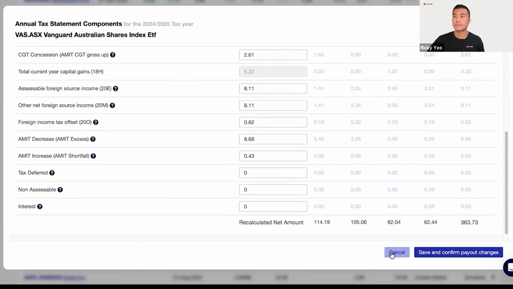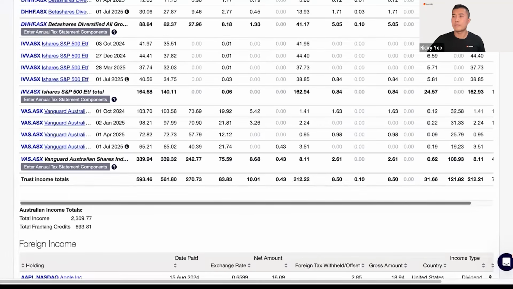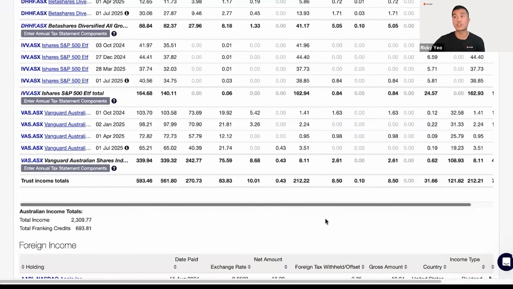Okay, this is not really tax related, but do I need 3 Sharesight accounts and logins if I have shares in my personal name, company name, and SMSF? No, you don't.